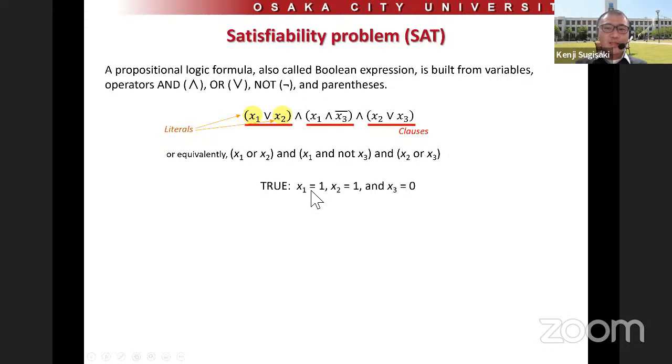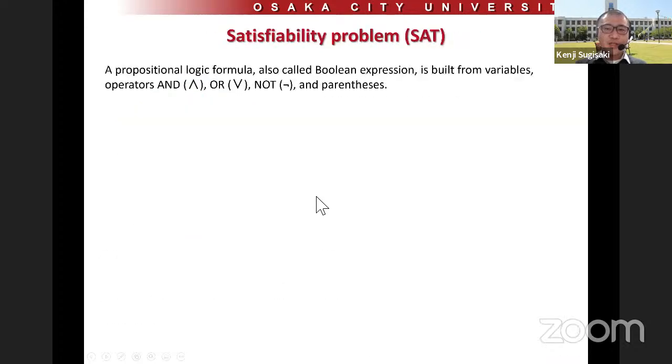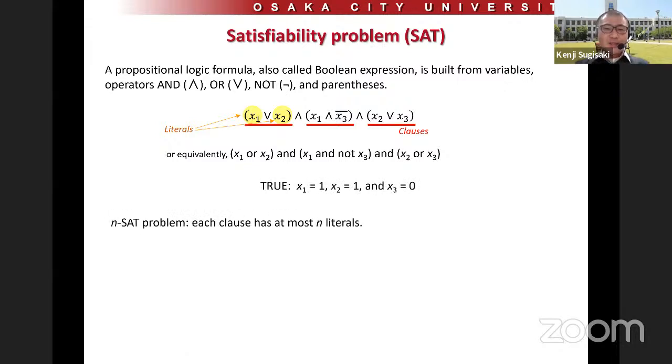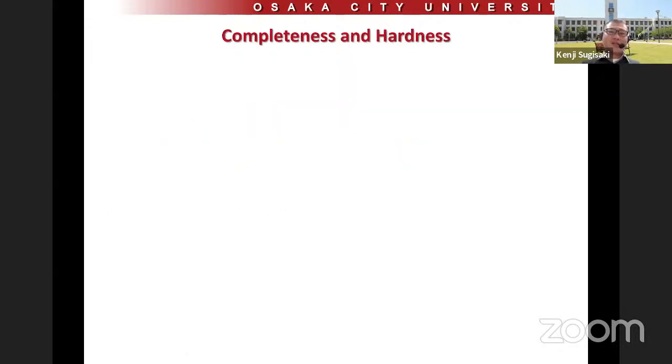And why this Hamiltonian cycle and SAT problem is very famous is that it is in the context of completeness and hardness. So let me first define the complete problem.